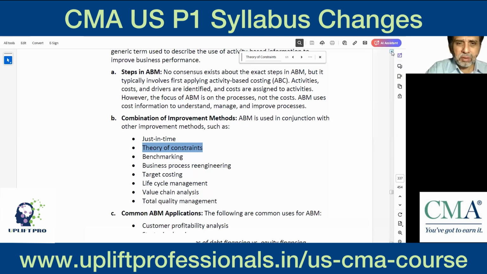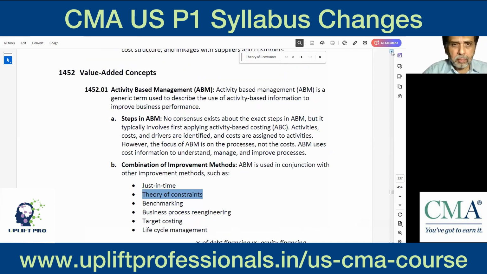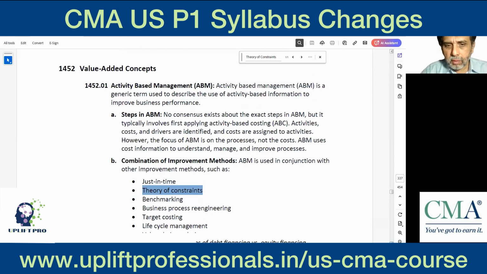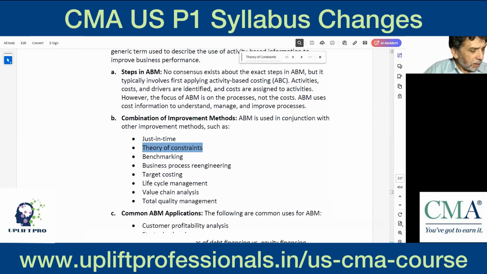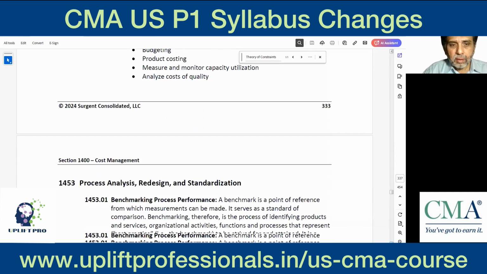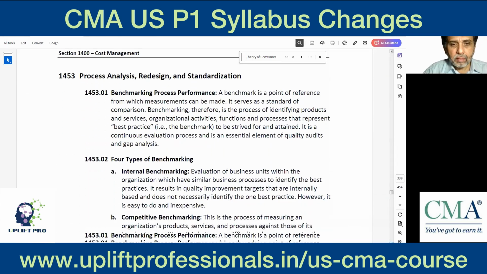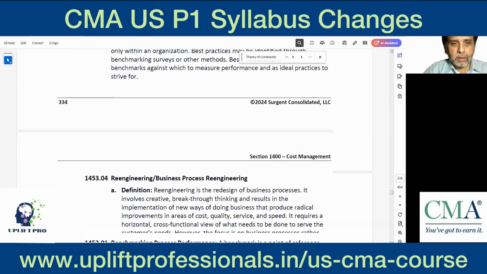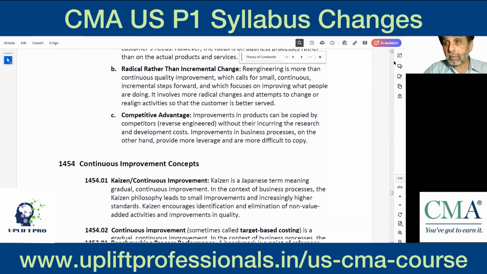So you don't have to study this. Probably they just mentioned the steps in ABM. It's a very small paragraph anyway. It won't kill you if you know about it. So even though it's not there, theory of constraints and ABM are mentioned, but they have not given an explanation.